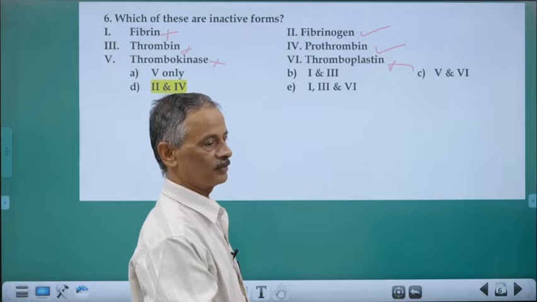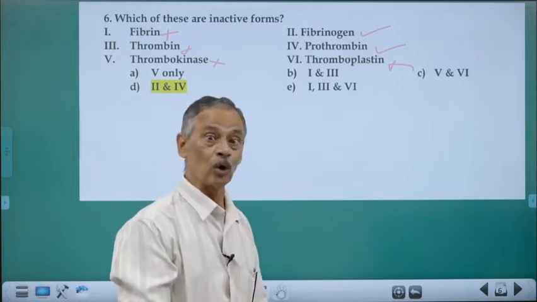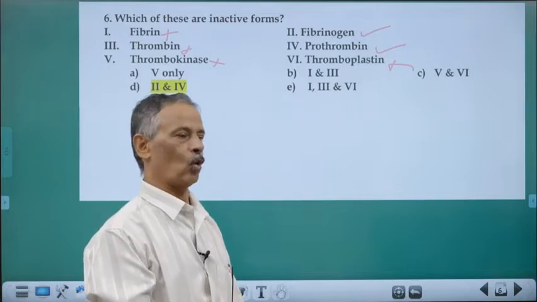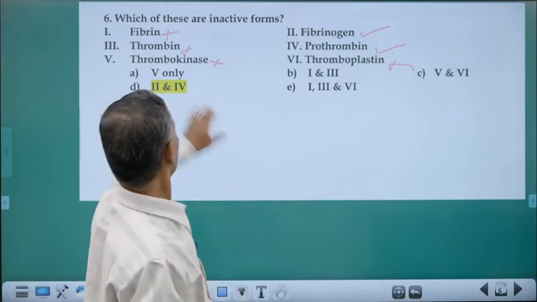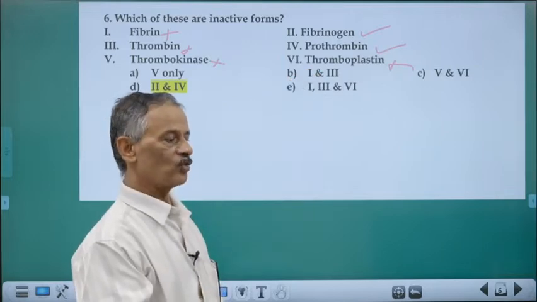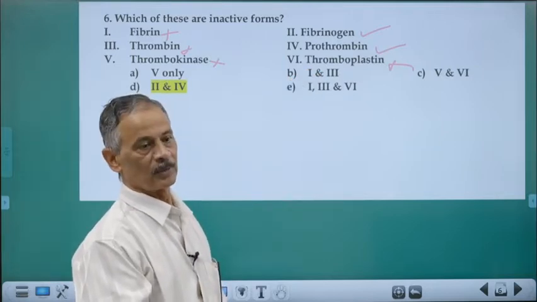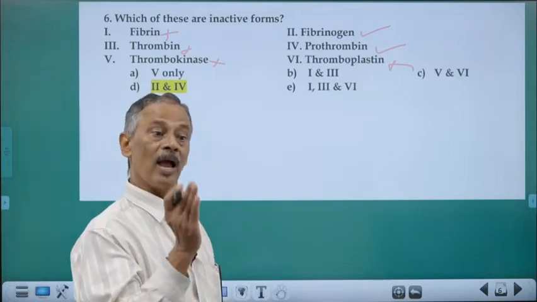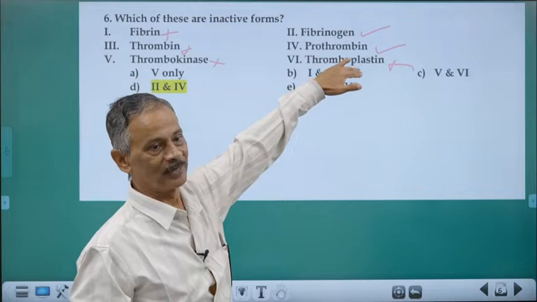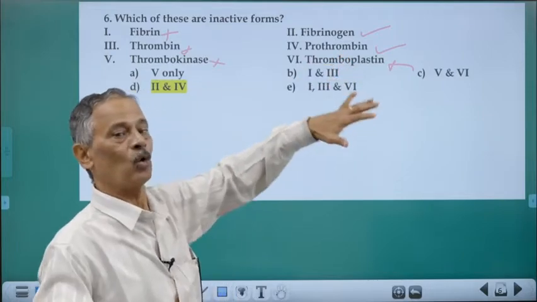Of the 13 factors, you have to study at least 4 important factors. The first one, fibrinogen. Second one, prothrombin. Third one, thrombokinase or thromboplastin. And fourth one, calcium. That calcium is responsible for conversion of fibrinogen to fibrin. Without calcium, no clotting can occur.